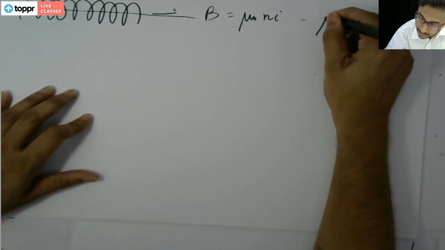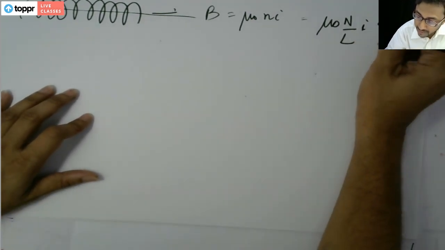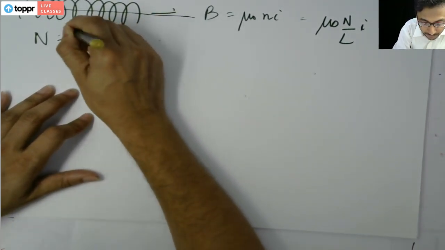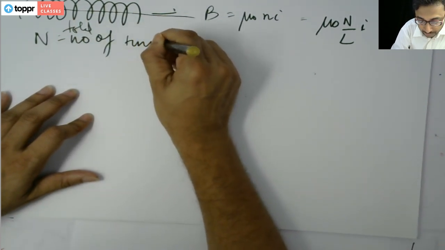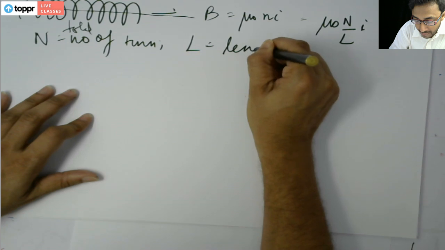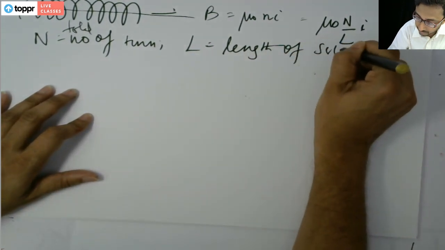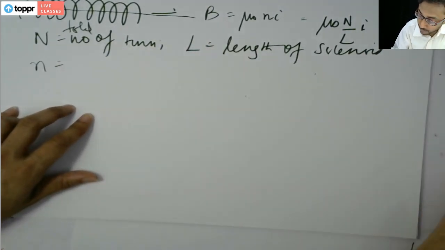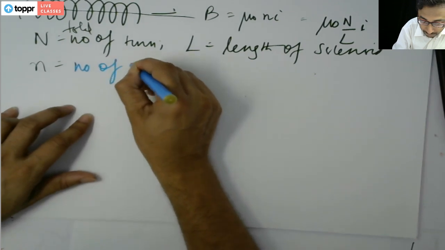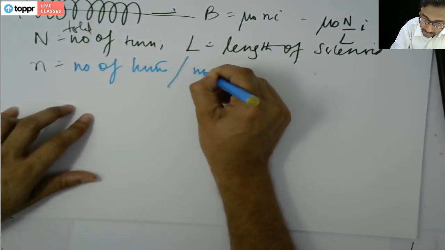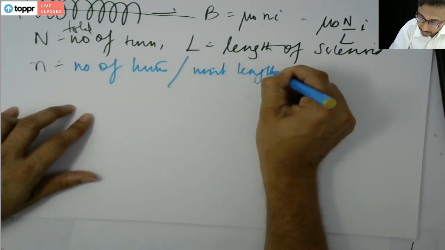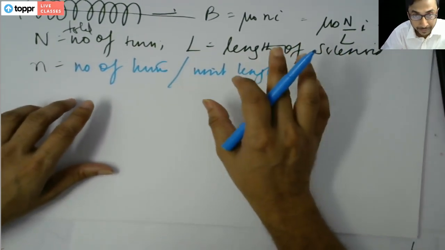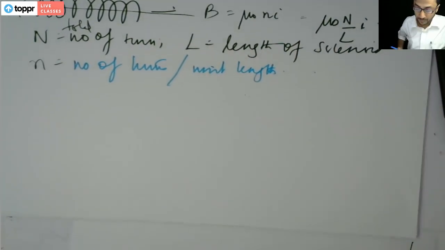Small n is nothing but N by L, where capital N is the total number of turns, L is the length of the solenoid, and therefore small n is the number of turns per unit length. Okay. Now this formula we should just apply, right? We don't have to go into the details of the formula.